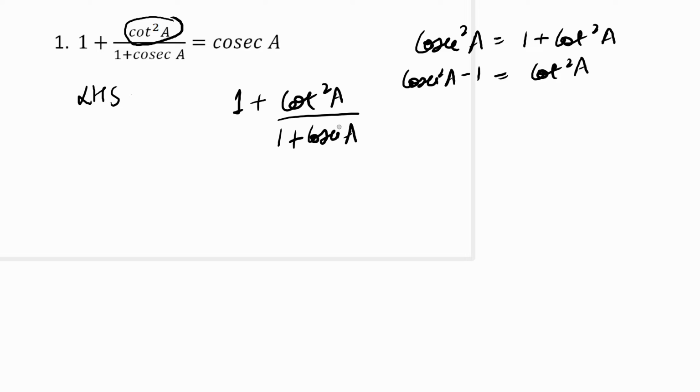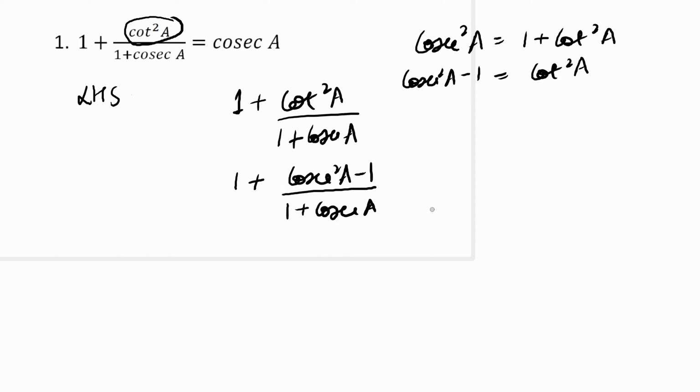So in place of this cot square A, we will do 1 plus cosec square A minus 1 upon 1 plus cosec A. Now we can see it is cosec square A minus 1, that is A square minus B square.